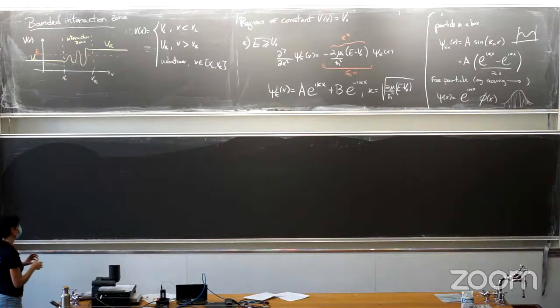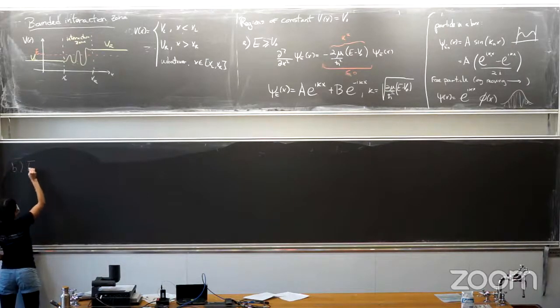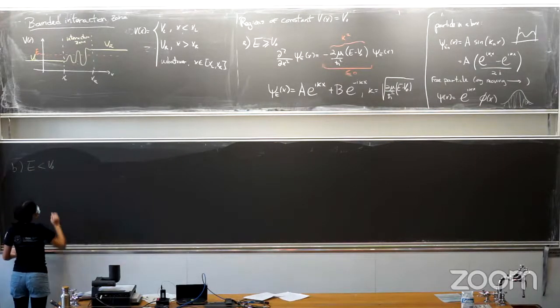So that's case B, which is E less than V0.